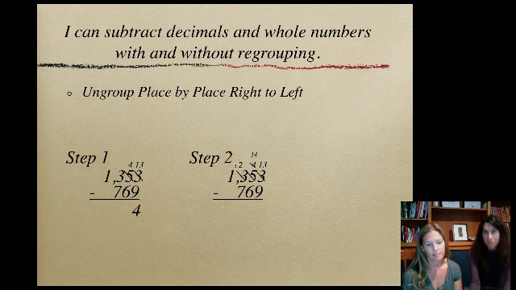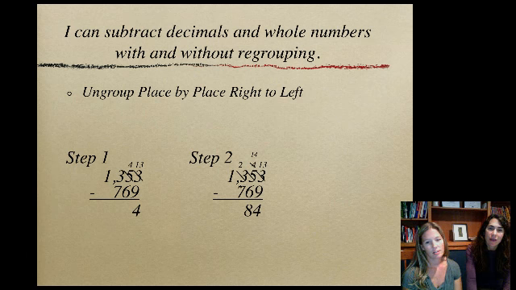We're just showing you that this is another step. So now we have 2 hundreds, and we can bring over our other group of 10, so now we have 14 here. So we can do 14 minus 6. So now we have 84 total.